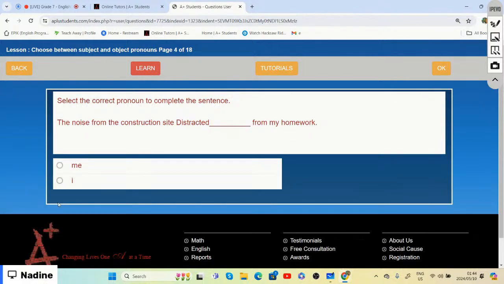All right, let's do one more. The noise from the construction site distracted me from my homework, or distracted I from my homework? Do we say "it distracted me from my homework" or "it distracted I from my homework"?